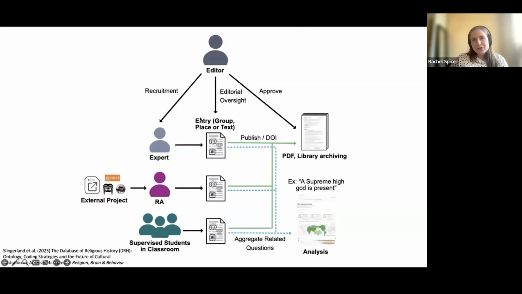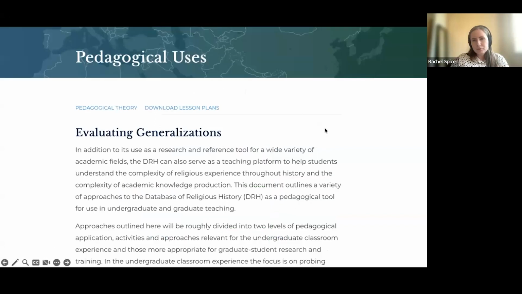So this diagram shows an overview of the whole process of what's currently possible with the DRH. We are looking to expand what's offered by adding some new features later this year, like an analyze tool and better functionality for translation.